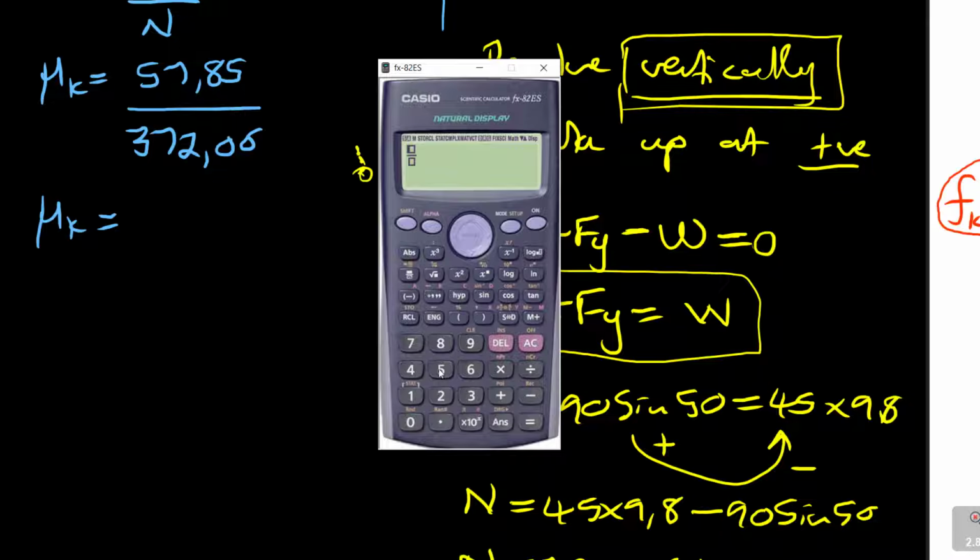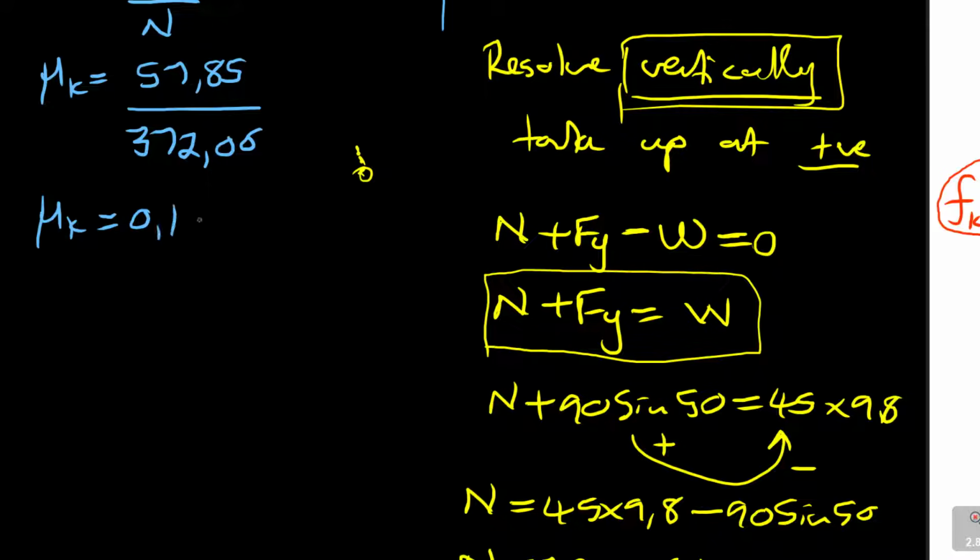It is 57,85 over 372,06, and then you get the answer to be 0,155. To 2 decimal places, that is 0,16. It doesn't have units because it's mu. So guys, that is that.